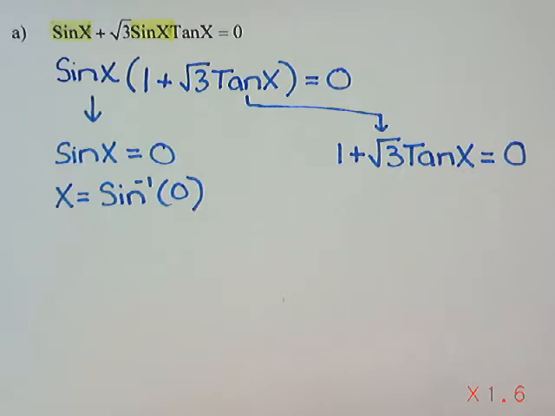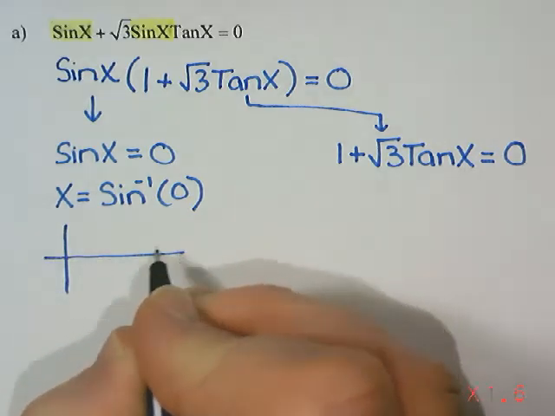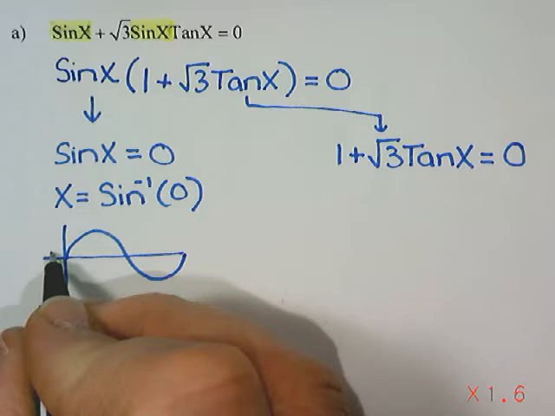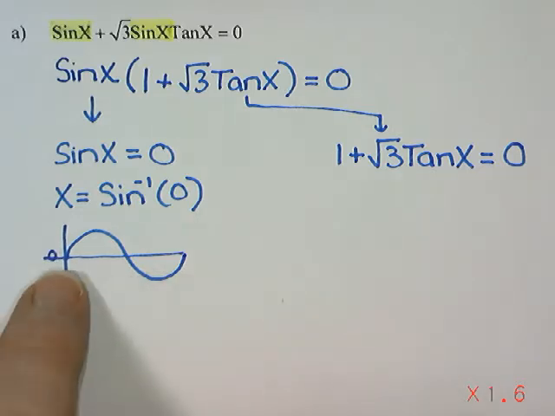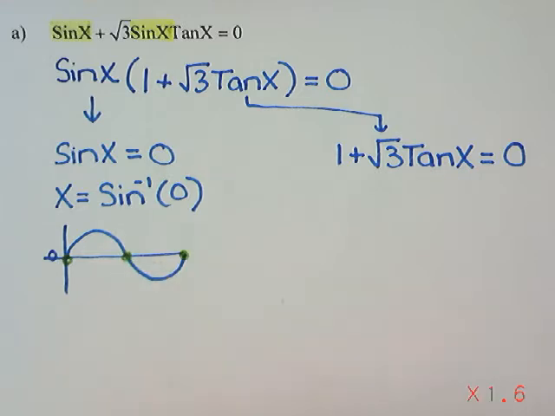I would look to see, is there somewhere on the graph where the y value is 0? So I am just going to draw a quick little diagram of what a sine graph looks like. So we're looking to see, are there any points where the y value is 0? And there are. It is 0 here, here, and here.